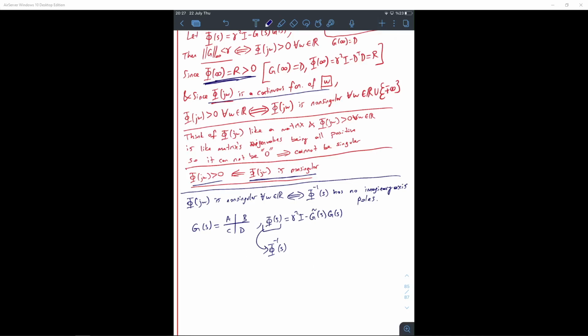that means, I want to say A, B, C, D. That means the A matrix, or rather the eigenvalues of A, right? They are all going to be real.